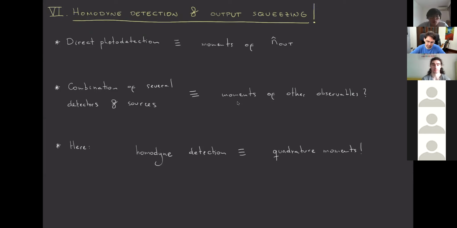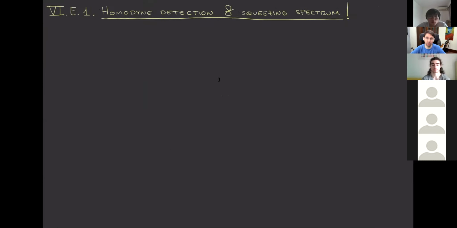So Homodyne detection will allow us to do this. Let me start by explaining what Homodyne detection is, and you will see that very naturally we will get a definition of what is squeezing for the field that comes out of the cavity, that is not a single mode, but a complete field.